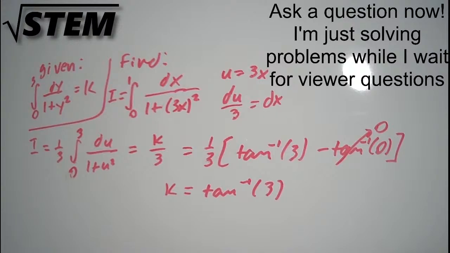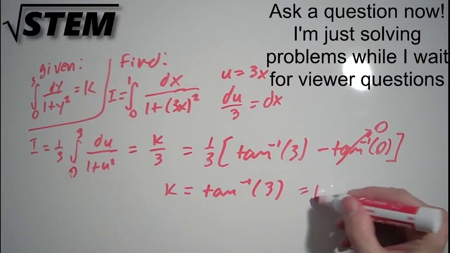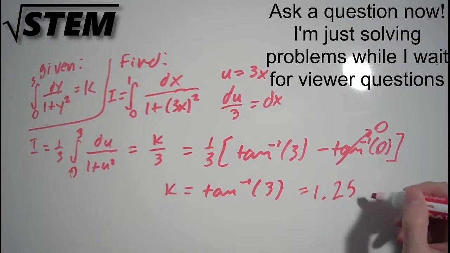Tangent, you put in radians and get out a number. This, you put in a number and get out radians or degrees. I'm gonna go with radian mode. So tangent inverse of 3 is about 1.25 radians.